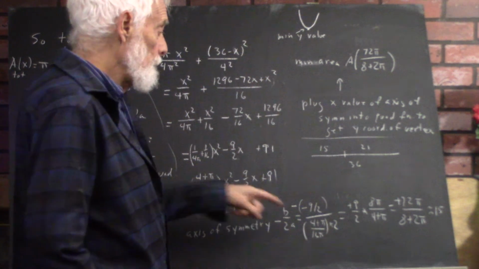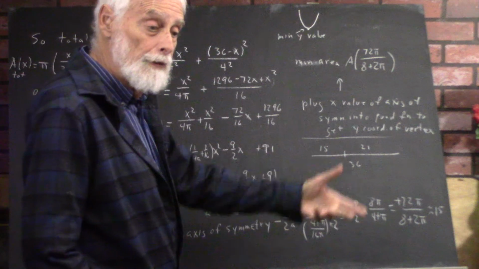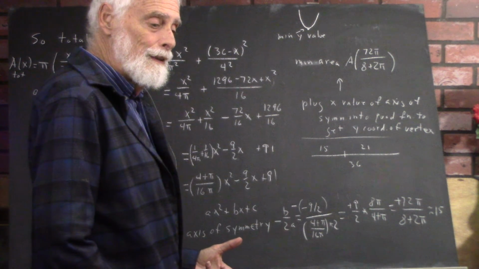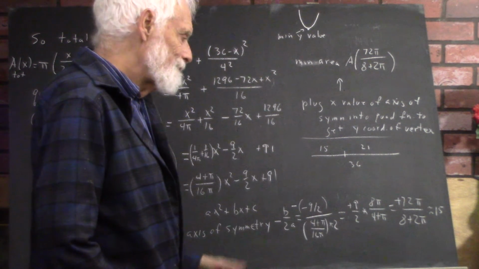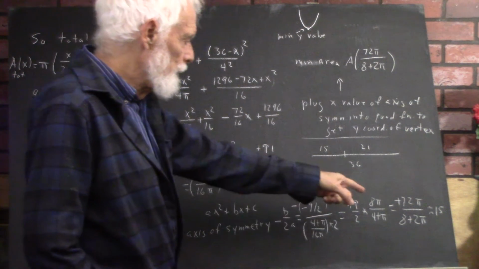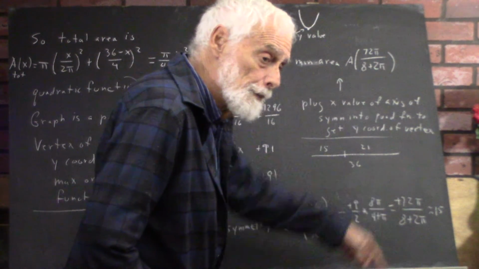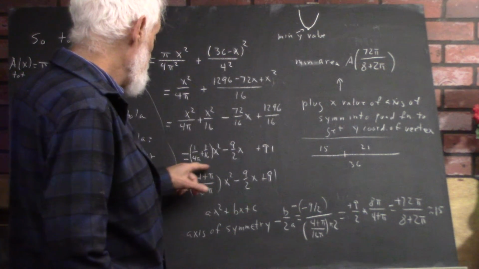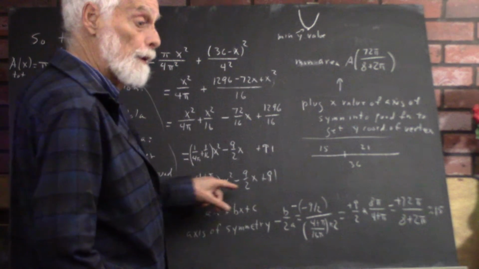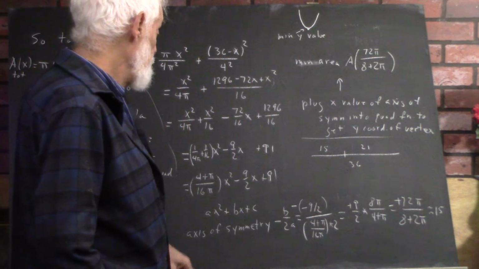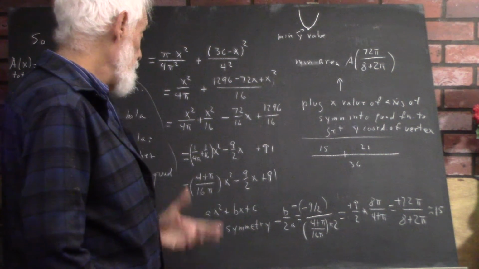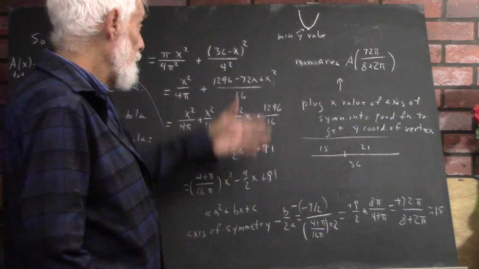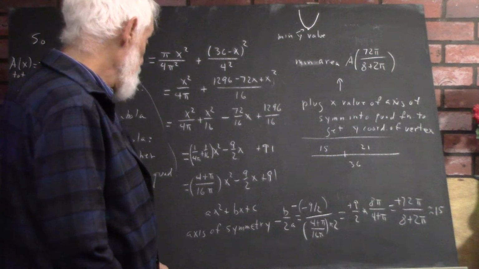And we probably ought to plug it in symbolically instead of an approximation, but I'm not going to object if you take a calculator and get a good approximation of this number. So you multiply it by the square of that number. Okay? You do that and you end up with an estimate of your minimum area.